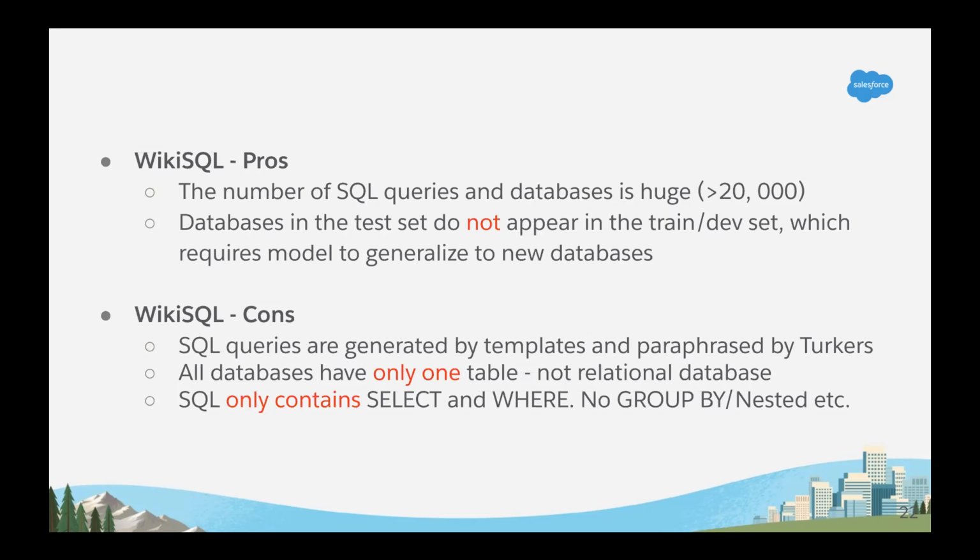So each database only has one table, so in this dataset there's no join pattern in the SQL queries. And third, the SQL does not contain complex query patterns like group by or nested queries.